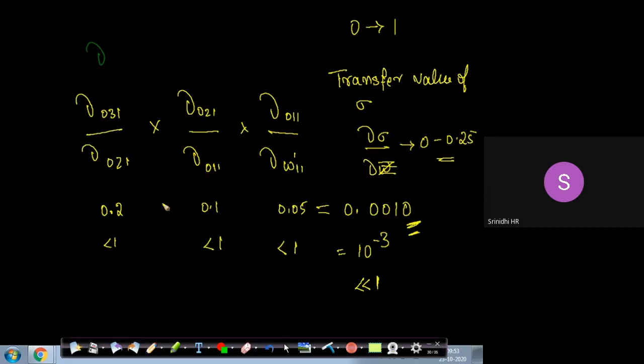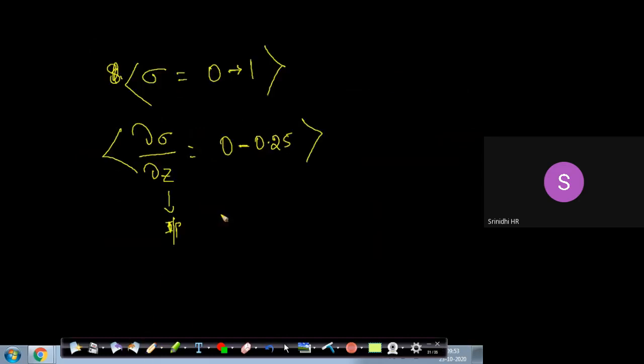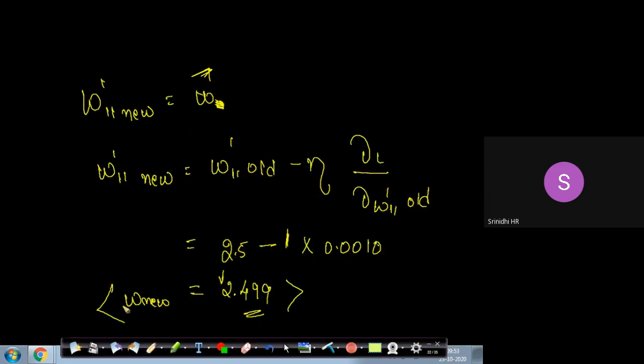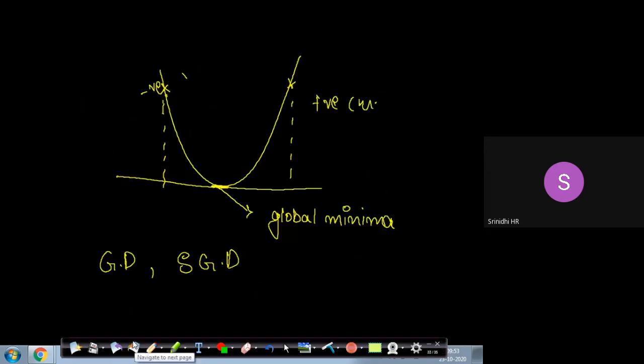We multiplied, and the final answer is less than 1. My sigmoid value lies between 0 and 1, and the derivative of sigma always lies between 0 and 0.25. After applying this formula, we came to this conclusion.